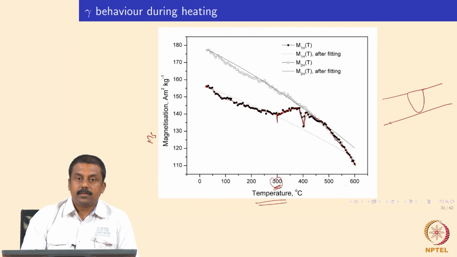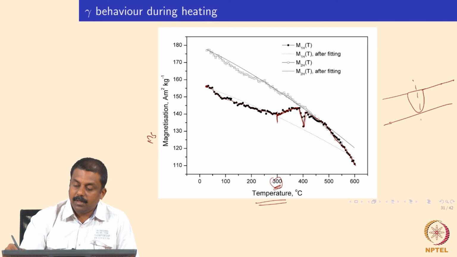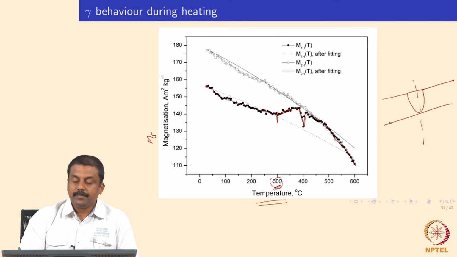So the width of the heat affected zone is affected, compared to conventional steels, where you won't see any change in the microstructure when the temperature reaches 300 degrees centigrade. Whereas in TRIP steel, we expect a significant change in the microstructure because of the transformation of retained austenite.